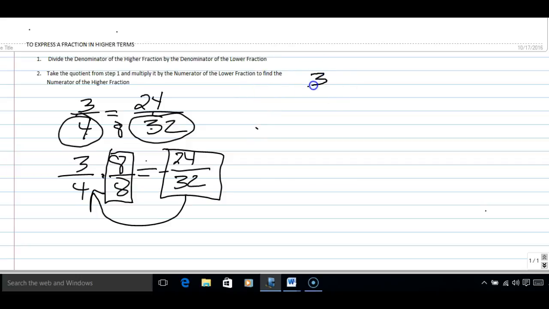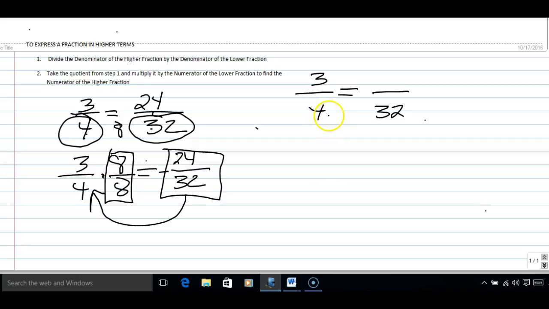Another way that you can look at this is you can ask yourself, what have I got to multiply the denominator here by to obtain the denominator of the higher fraction? So in other words, you're asking yourself, what have I got to multiply 4 by to get 32?